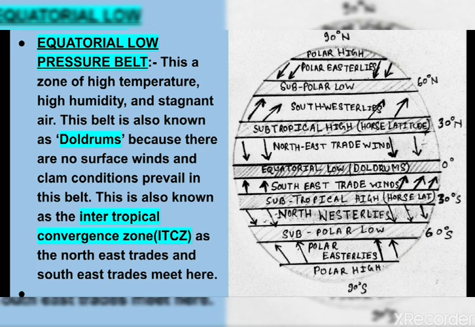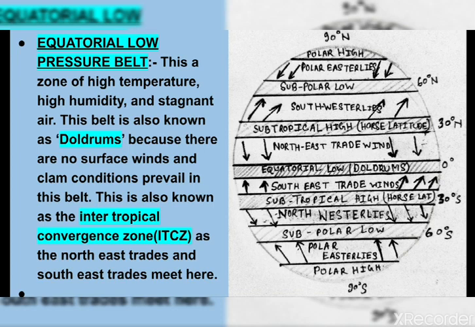This belt is also called doldrums, which means that in this area there are no surface winds and calm conditions prevail. This belt is also known as the intertropical convergence zone, or in short form ITCZ, as the northeast trades and southeast trades meet here.